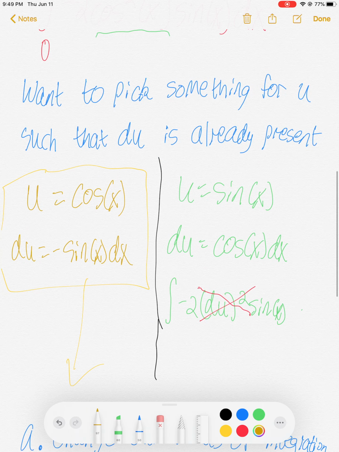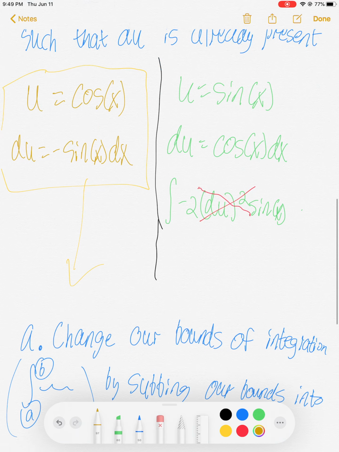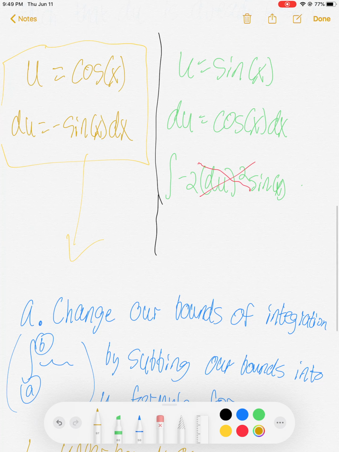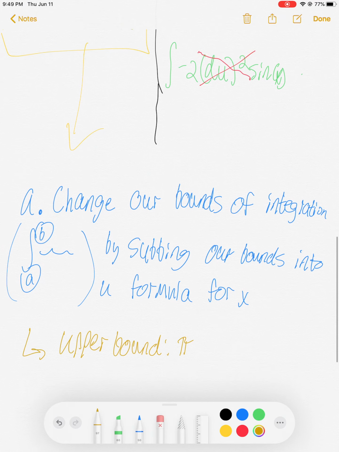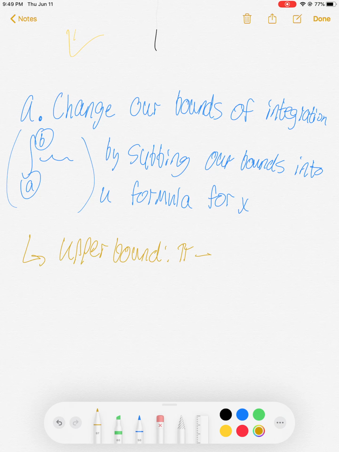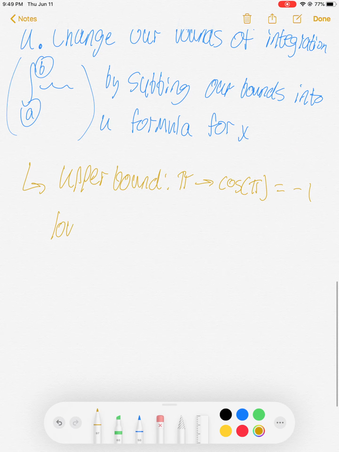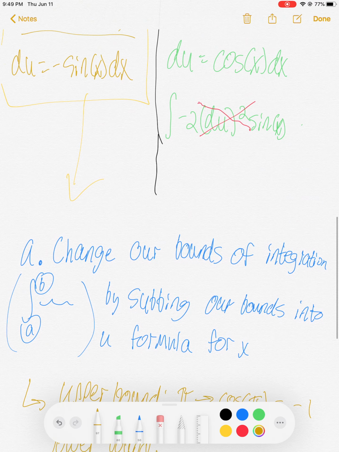So in this case, if we go ahead and do it this way, my upper bound was pi originally, right? If we look at our integral, our upper bound is pi, but we're going to replace it with u equals cosine of pi because that was our formula for u here.